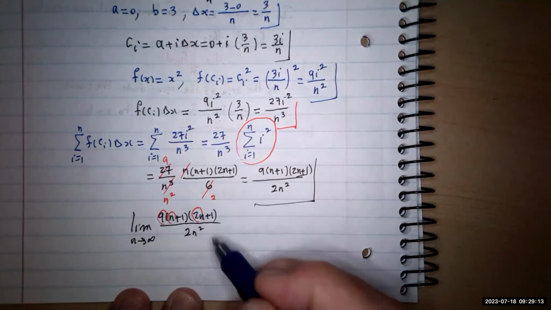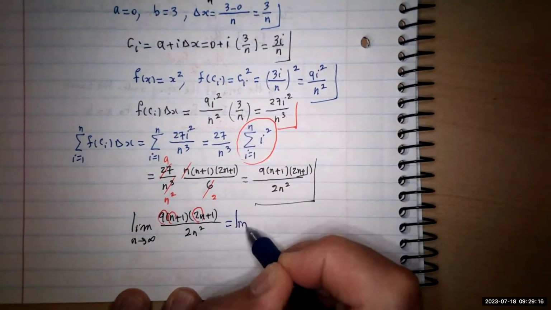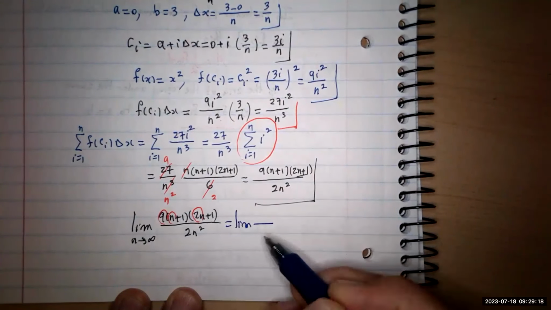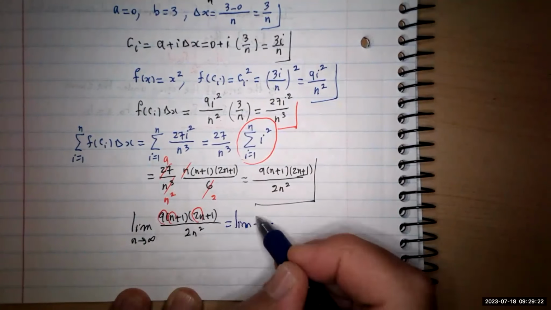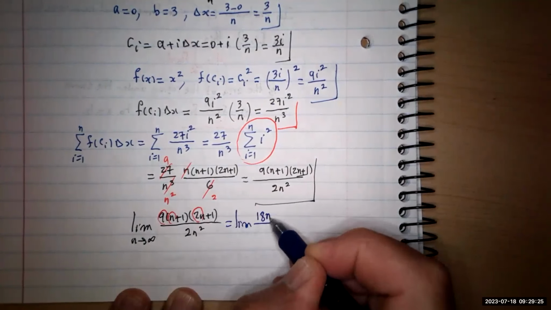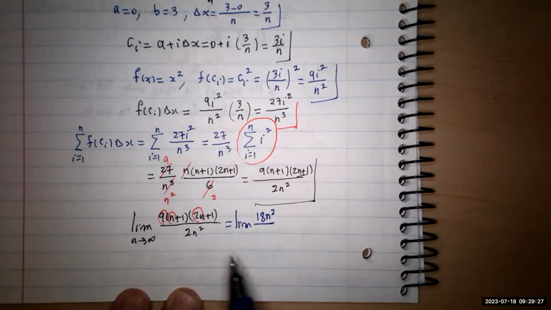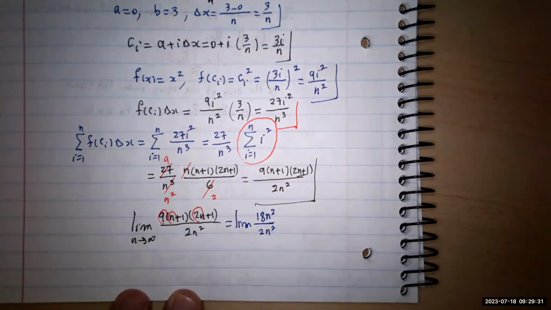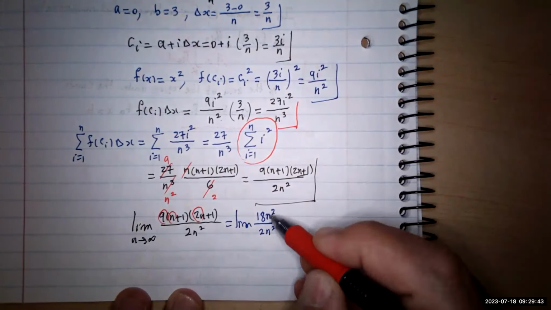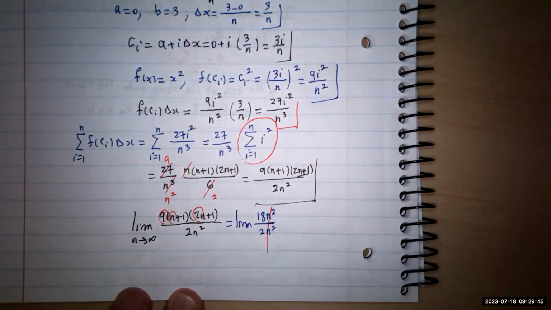So it's equal to the limit of the leading term on the top, 9 times n times 2n, 18n squared, over the leading term on the bottom, 2n squared. Because when we take the limit at infinity, we're just focusing on the leading term of the polynomial. So n squared and n squared would cancel out, as n goes to infinity.